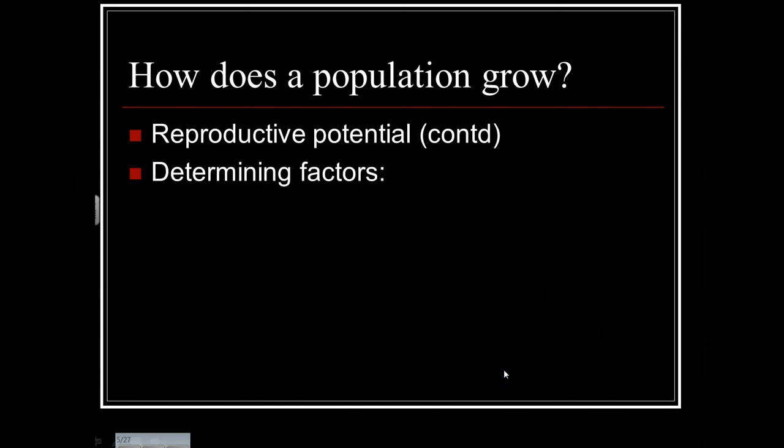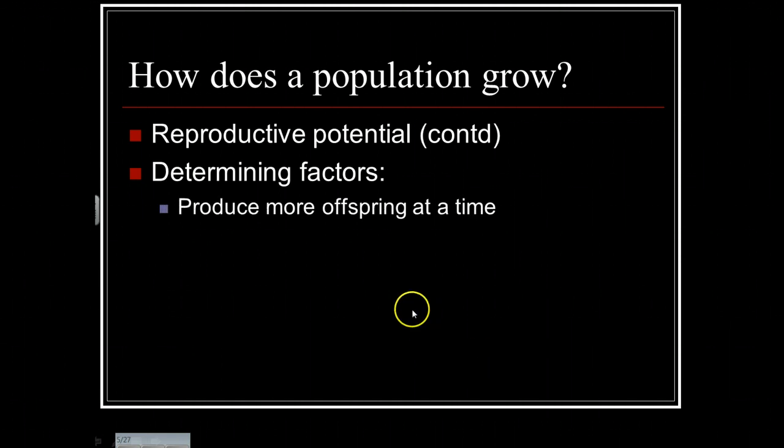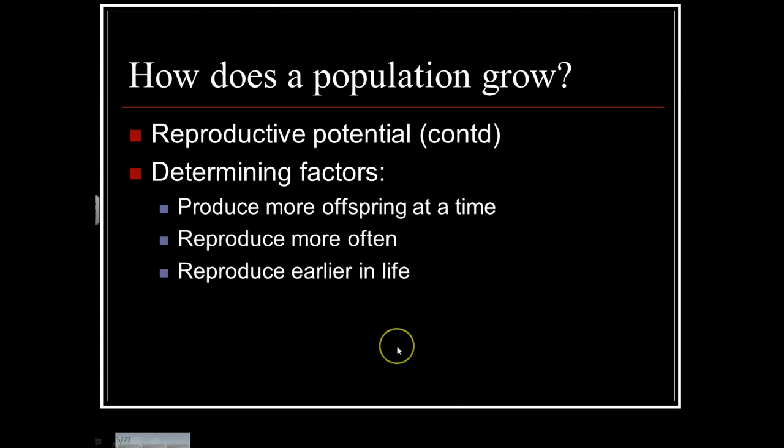To continue talking about reproductive potential, what are some of the determining factors? One is that the organism or species can produce more offspring at a time. Keep referring to the kittens, but if that's the case, then you can certainly have a population grow. Another way to change the reproductive potential is to have the organism reproduce more often, and that's not always possible depending on the life cycle of the organism you're studying.